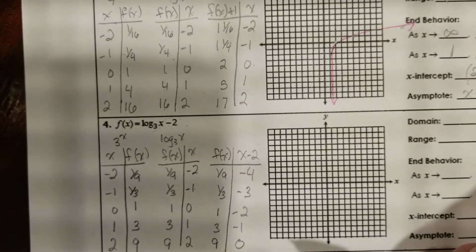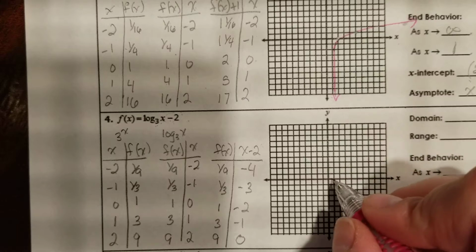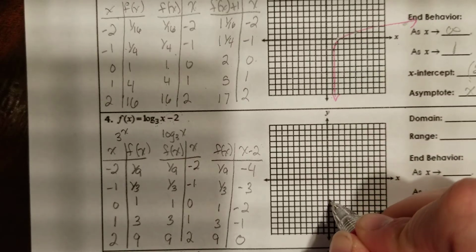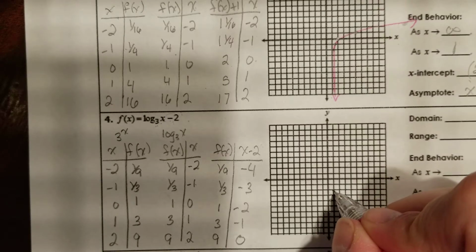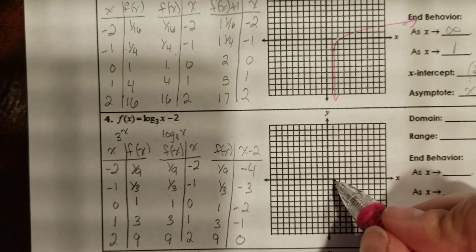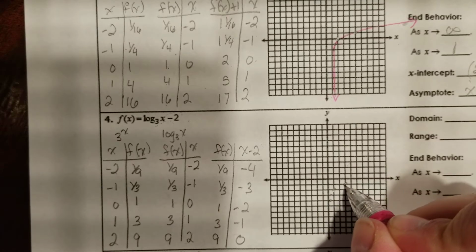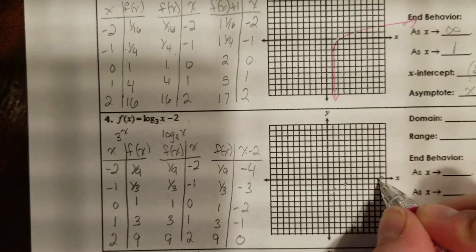All right. So you can go ahead and graph those. So 1/9 is at negative 4, 1/3 is at negative 3, 1 is at negative 2, 3 is at negative 1, and 9 is at 0.